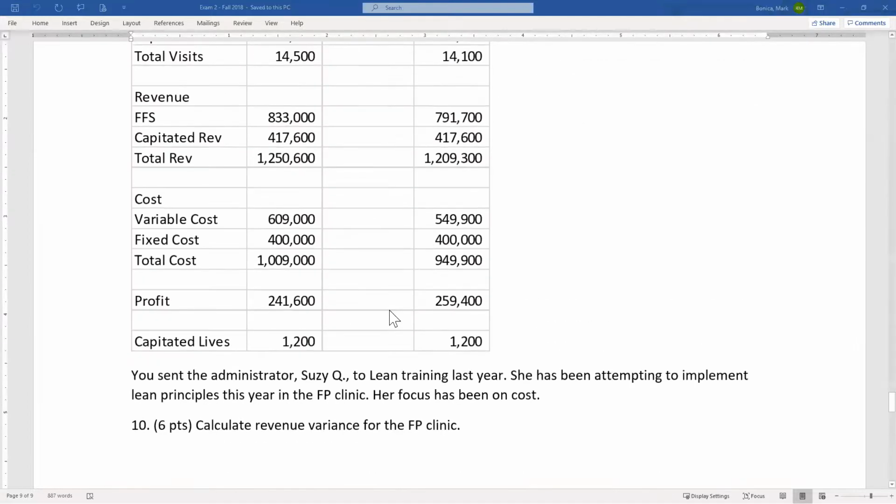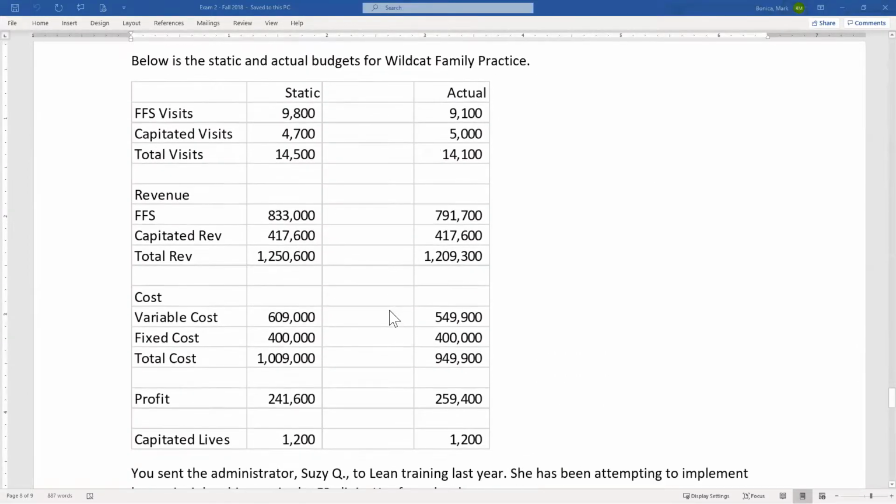All right. Question 13 says, what was the PMPM that Wildcat Family Practice received? All right, switching back here. So per member per month.